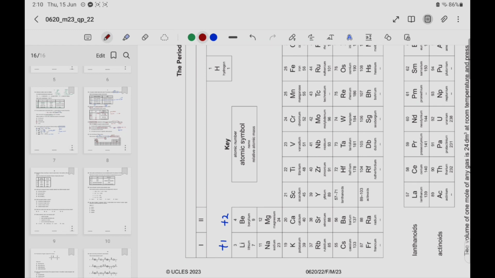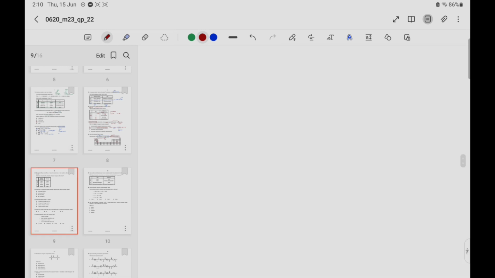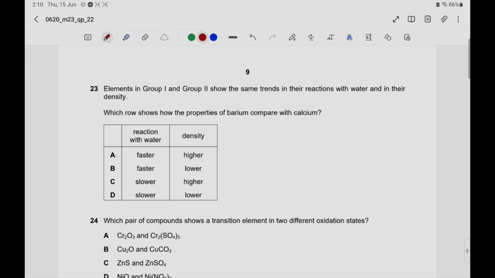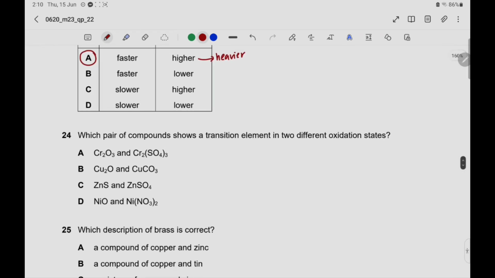Because you are further and further away from your nucleus. So yeah, let's see here. Your answer for 23 should be reaction with water faster. So your density is higher. How come? Because you are heavier. Okay, so what is the answer?